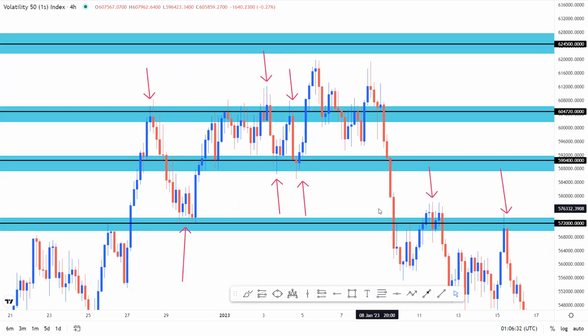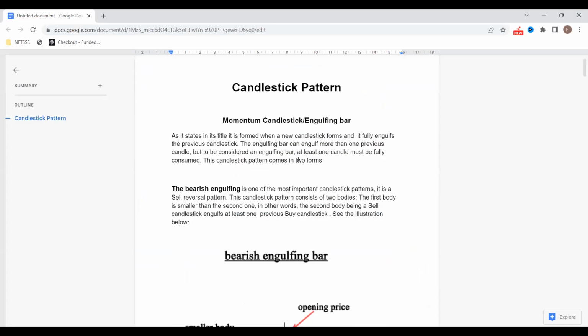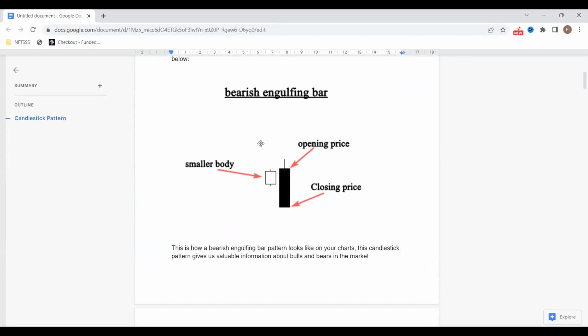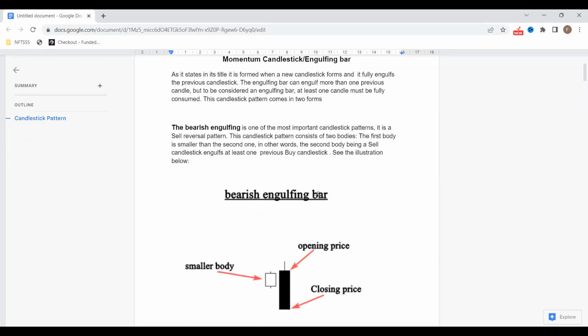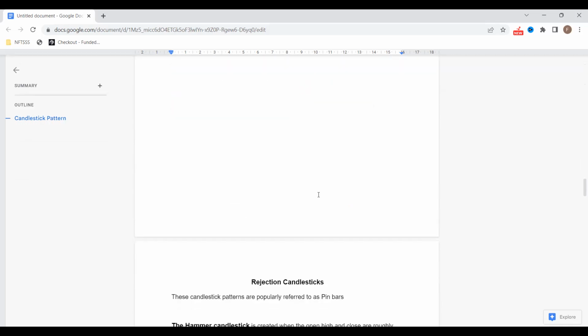And then afterwards, come back to the video to help you better identify these candlesticks on the charts while I explain how I make use of them. If you take the time to actually go through this document, you'd get to see clearly how to identify the candlestick pattern I'm referring to, the engulfing or the momentum candlesticks, and the anatomy of this candlestick, as well as the rejection candlesticks.